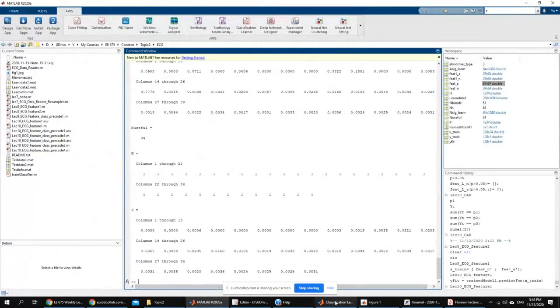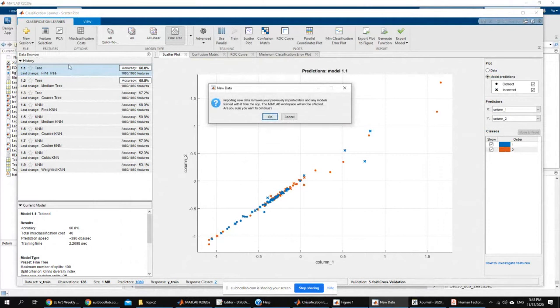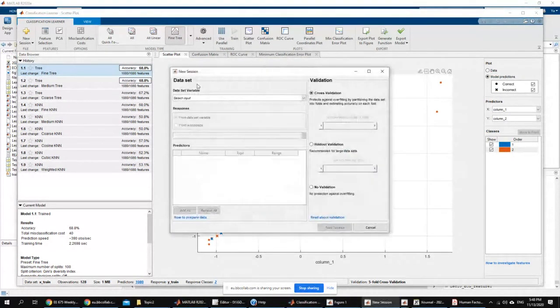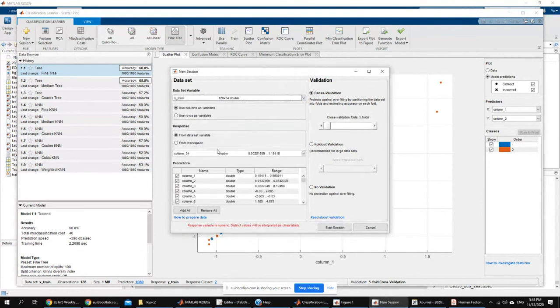Now I'm going to go back to the app and start another session. Whenever you change the data, you have to start another session. Also, I'm going to have here X train. Now it's back to the dimension that we used to have, 128 times 34, and from workspace here, it's X train.